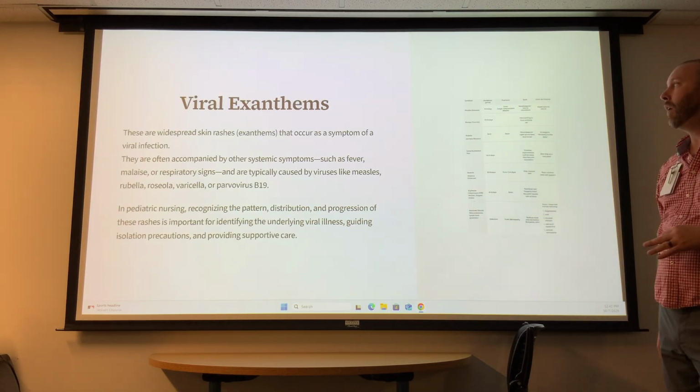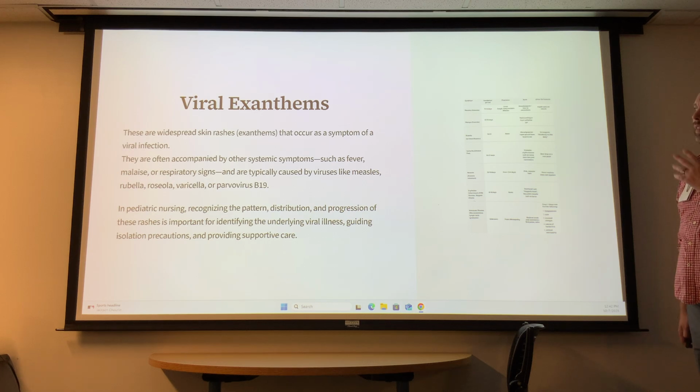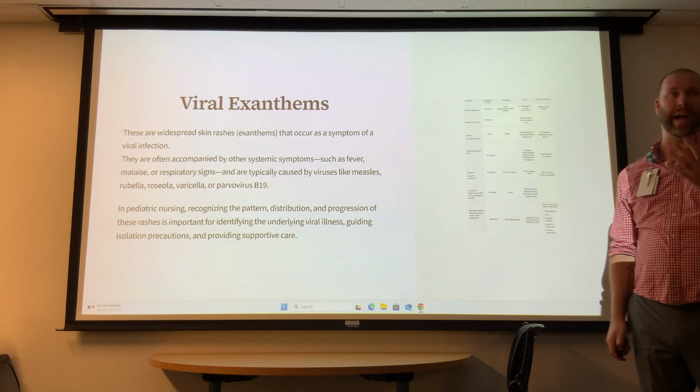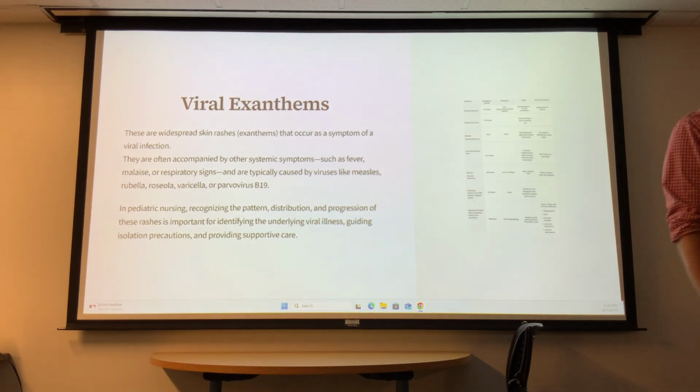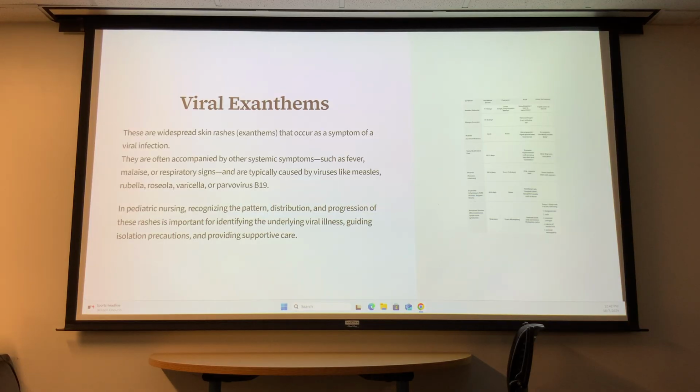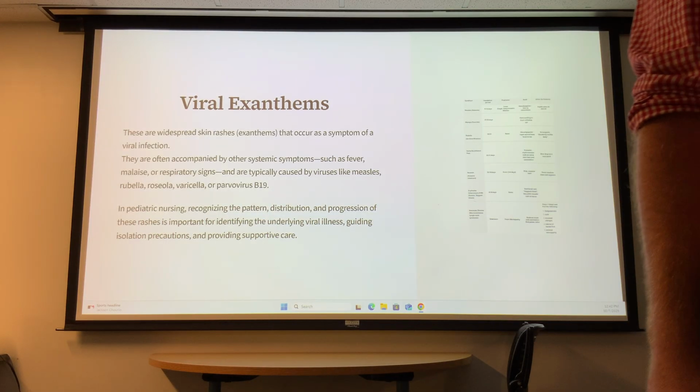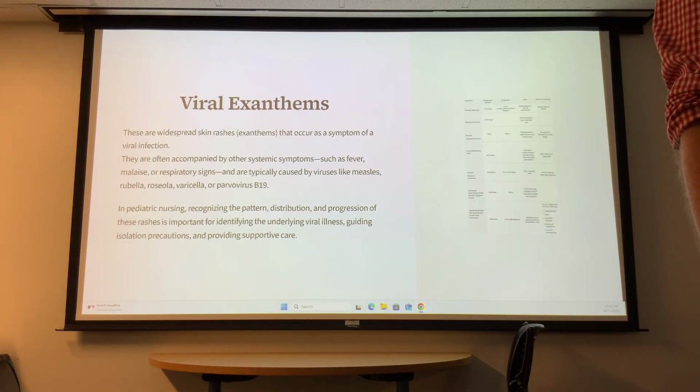Okay. Viral exanthems. These are just widespread rashes that go along with a certain viral process. Depending on the viral process, there's a rash that goes along with it that you can tell when they come in, like if they've got the slapped cheek, that is Fifth's.